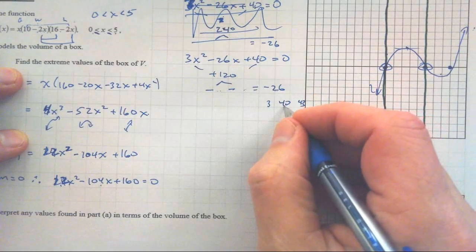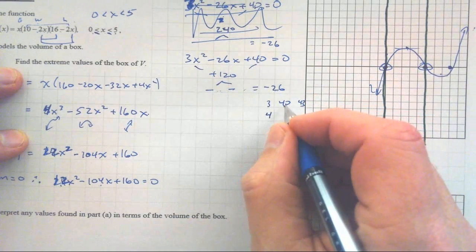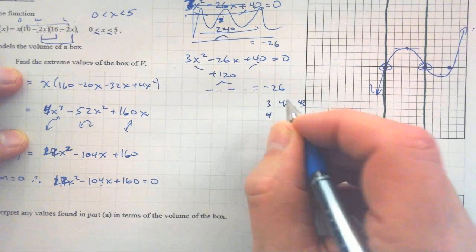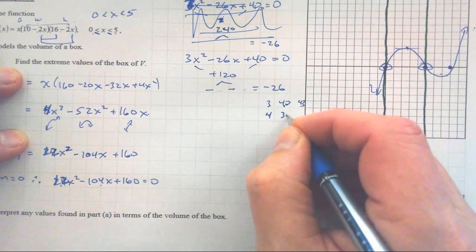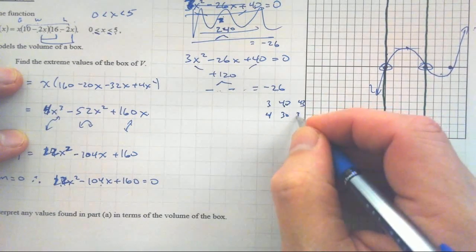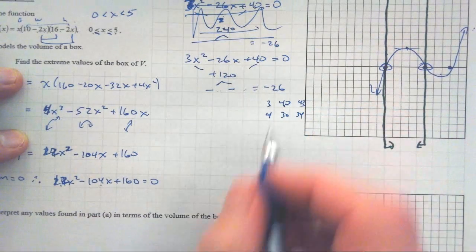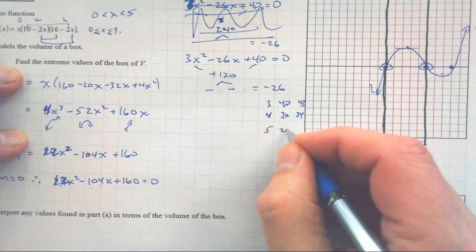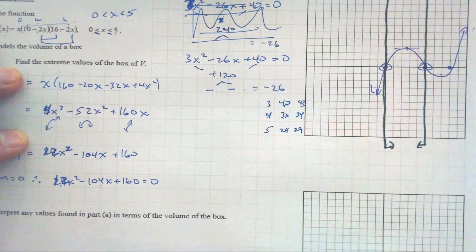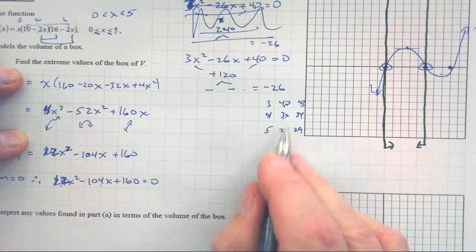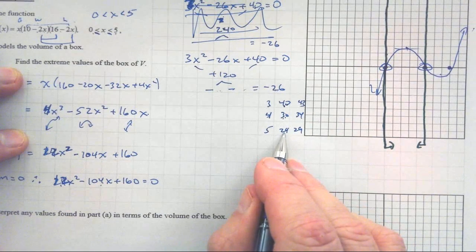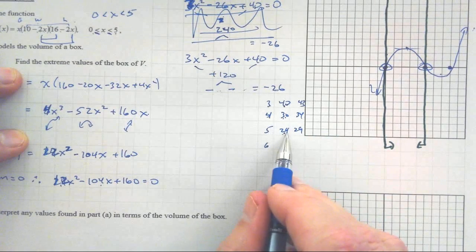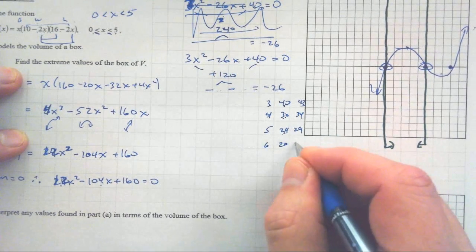So I could steal a 4 from here, multiply a 3 times there, and I get 3 times 10, 30, that would get me to 120, and those add up to be 34, and I'm closer. I could steal a 5 from here, and that would leave me with 6 times 4, 24, and those add up to be 29, I'm closer. I could steal a 6 from here. If I steal a 6 from here, I'm left with 4 times 5, 20, and those add up to be 26.